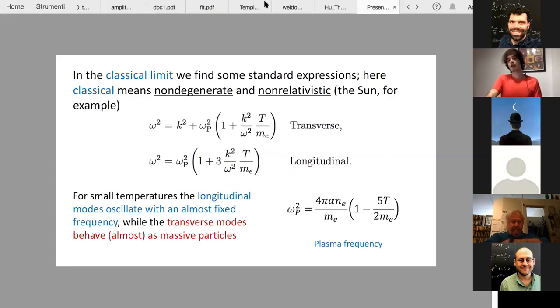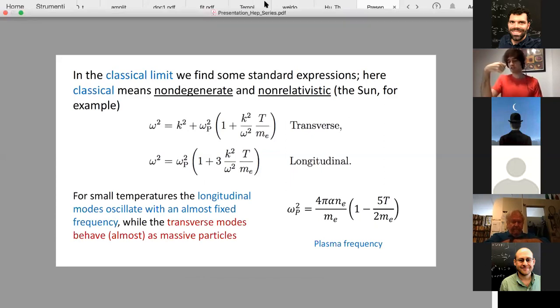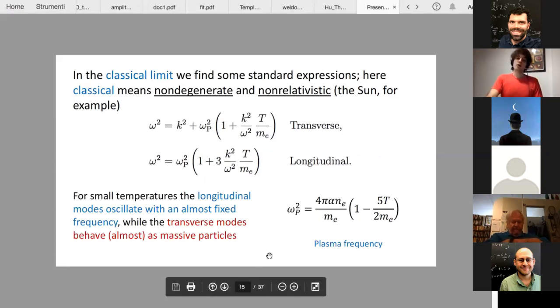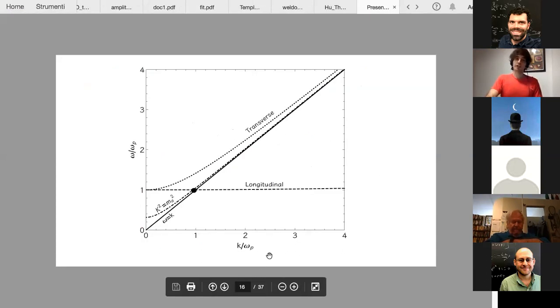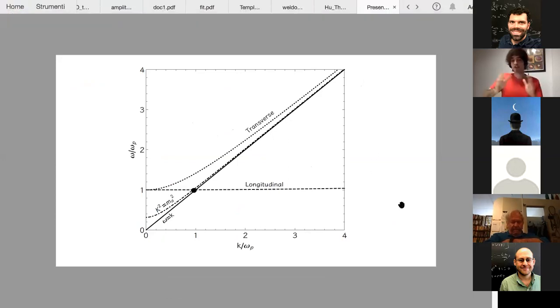More formally, you can calculate the plasma frequency just by taking the limit of k going to 0 in the integral that I showed before. And now there is a very important plot for what we did with Eduardo. That is the plot of the different modes in a plasma, like for the sun.